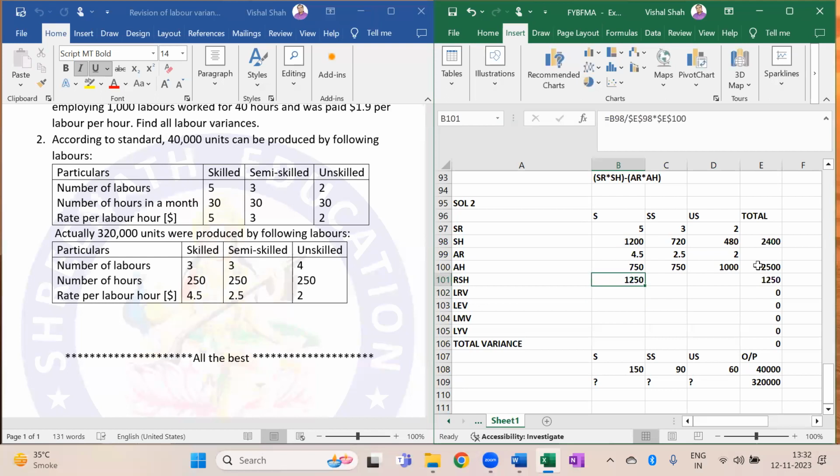Check. Is it 1250? 750 and 500. Please check it out and let me know.